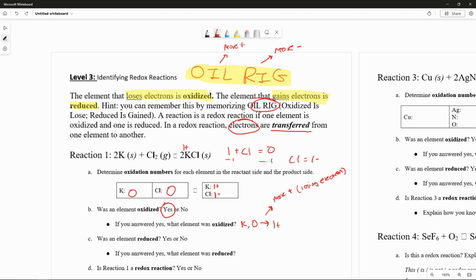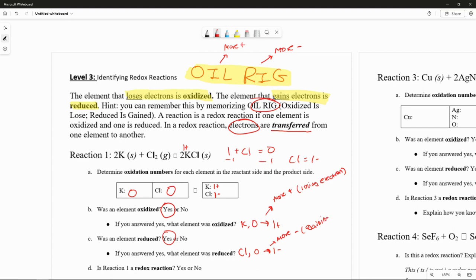Next, for reduction, we know it's being reduced because we see a change in oxidation numbers. For reduction, it's a yes because the Cl is going from 0 to a negative 1. This is becoming more negative, which means it is gaining electrons because electrons hold a negative charge.